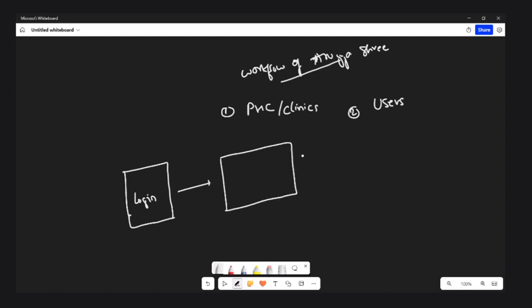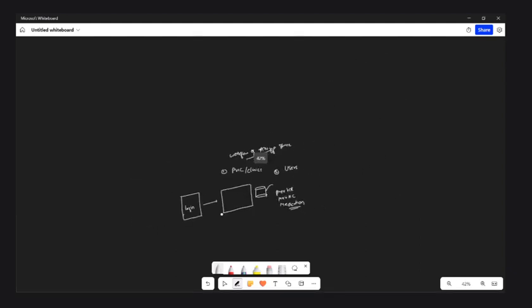In the backend, he will be allocated a separate database in which his previous health reports, previous health conditions, and all the medications he has taken till now will be stored. He can access it only with his user credentials. This is the primary idea.